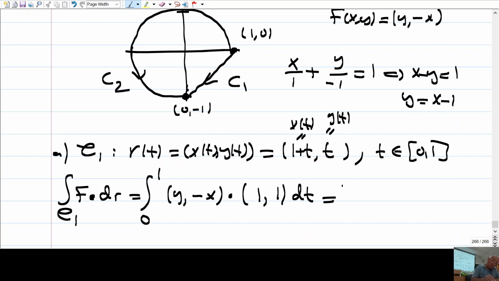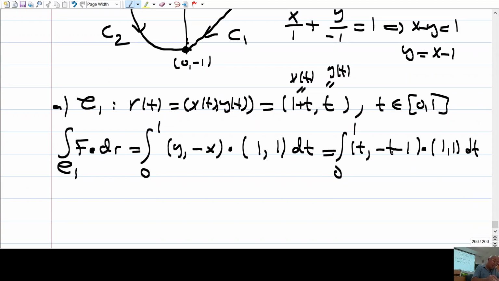And of course, 0 to 1. Y is just t, and x is 1 plus t, so minus x is minus 1 minus t. Dot product 1, 1, and then I have dt. So I just plug values of x and y in terms of t.